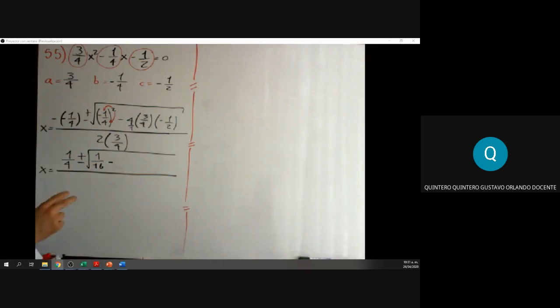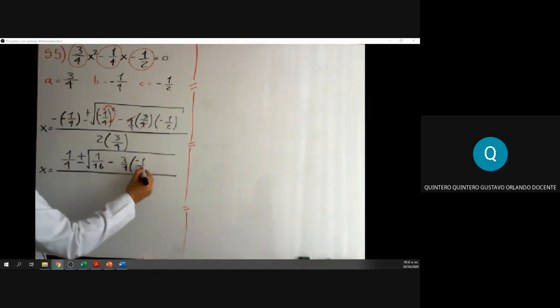So we have 12 over 4. But look at this. Since the 4 is multiplying and the other 4 is also dividing, we have the same value multiplying and dividing. We can cancel those two. So what we have here is just 3 over 1 multiplied by negative 1 over 2.